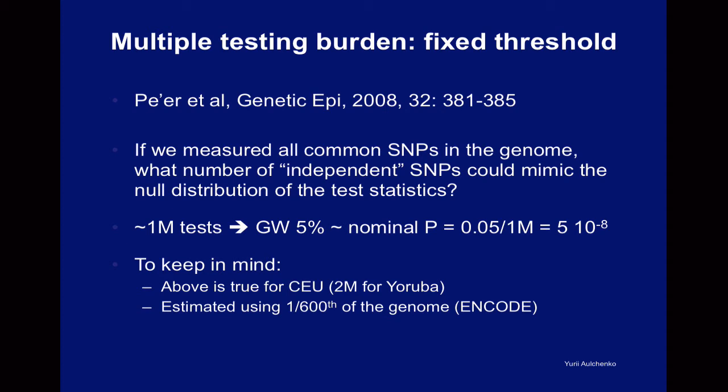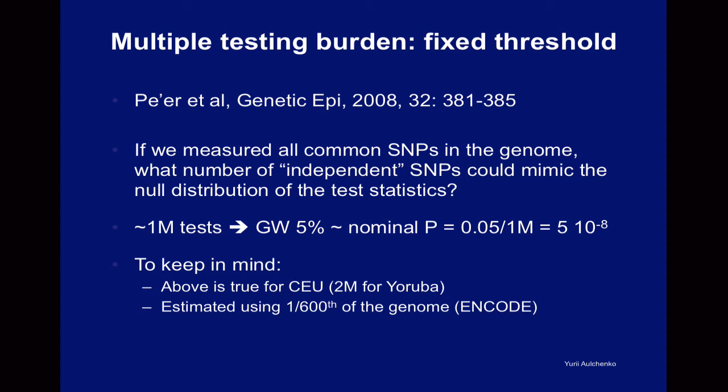Now, there is one thing which you should keep in mind when you use this threshold value. Of course, it depends on the amount of linkage disequilibrium which is present in the genome of the population. And this number of 1 million independent tests was obtained for the population of European descent.